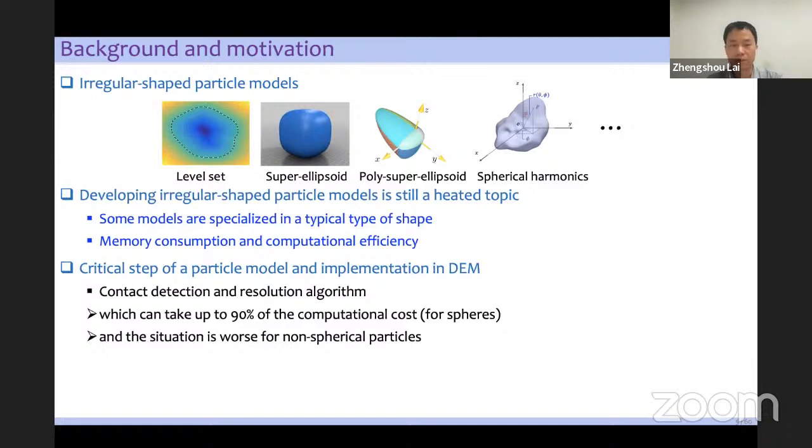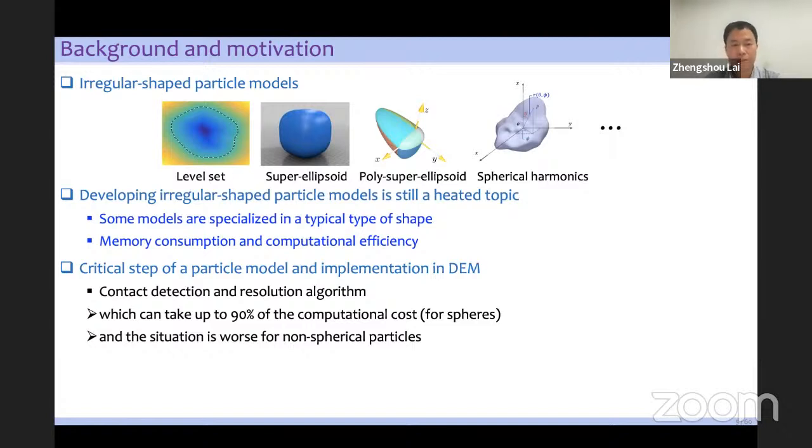For example, Professor Jose Andrade at Caltech developed the level set DEM, which is applicable to model any type of particle. We also have superellipsoids, polysuperellipsoids, and spherical harmonics, for example.